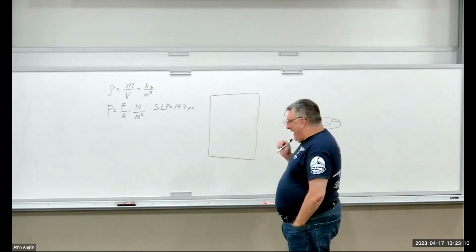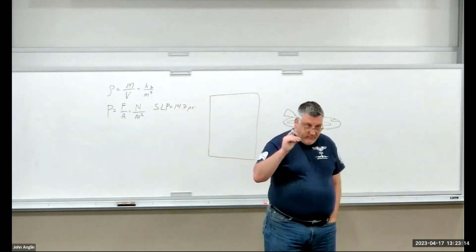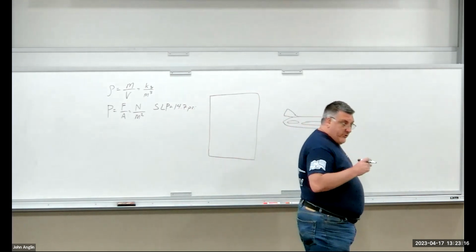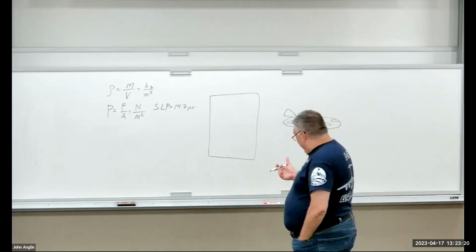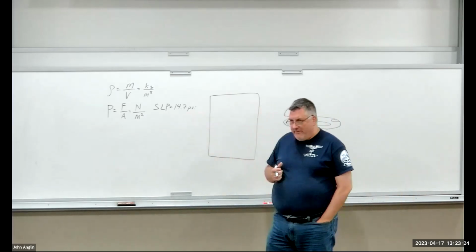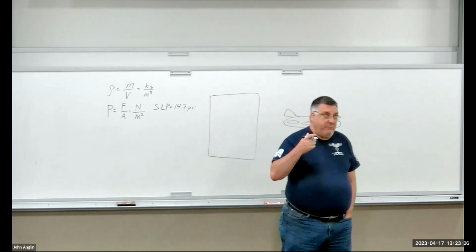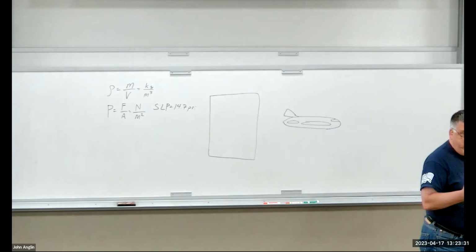Now, as we increase in altitude and there's less stuff, then our pressure at altitude is much, much lower. At 30,000 feet, for example, the pressure outside the aircraft might be on the order of 5 or 6 psi.